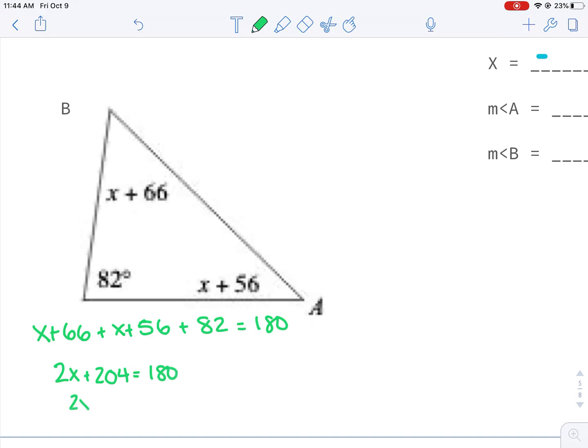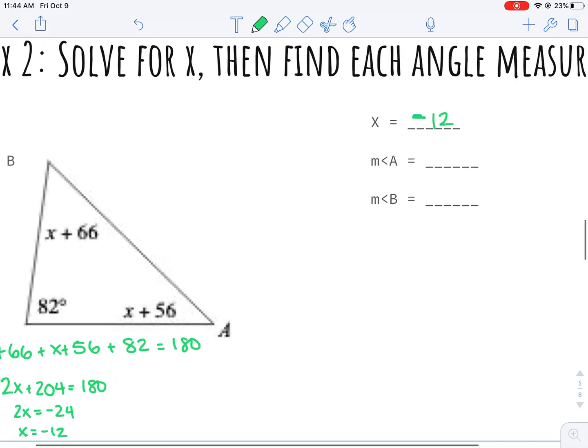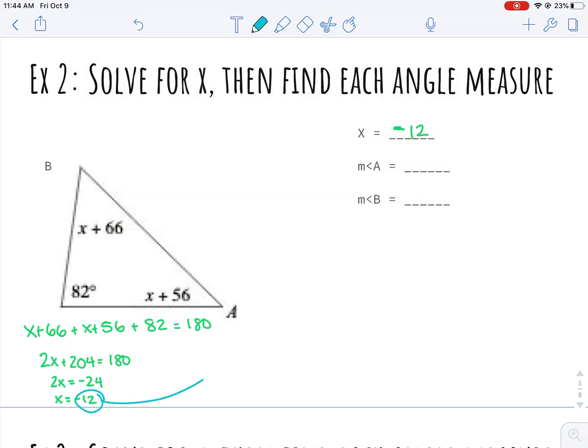When I subtract, 2x equals -24, so x must equal -12. I want to find the measure of angle B, so I'm going to take my -12 and plug it in to the algebra in angle A. Not B yet. So I've got -12 plus 56, and I get exactly 44 degrees for angle A.